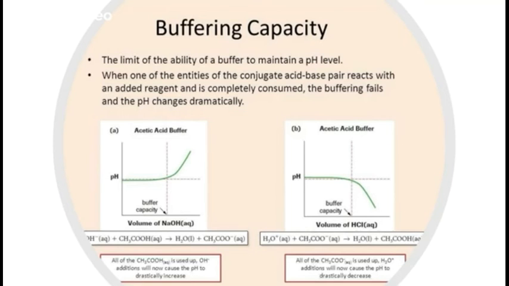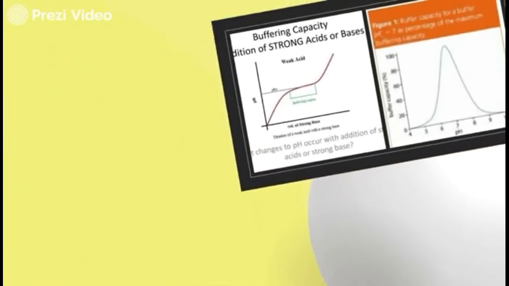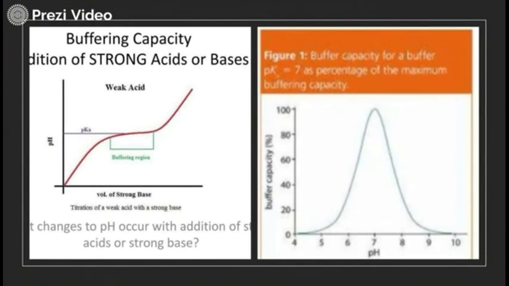So next, we see the more exact equation of buffer capacity. Beta is equal to delta B upon delta pH. This equation gives the average buffer capacity over the increments of base added.